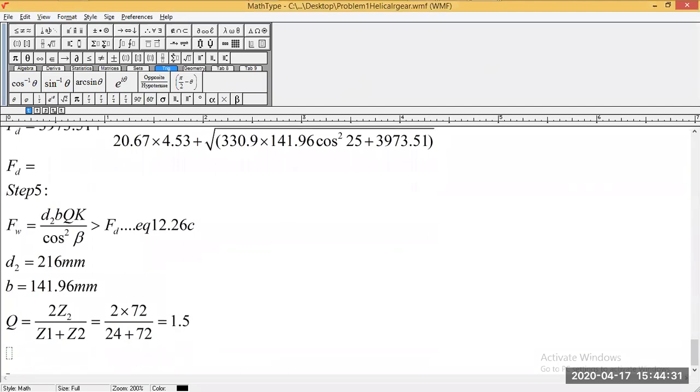Right. I think we have all the values here. So let's just paste this. Let's copy the entire thing here. Okay.